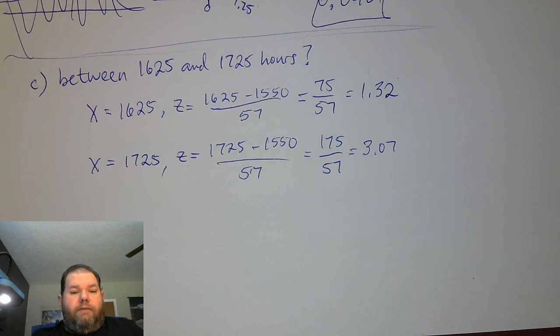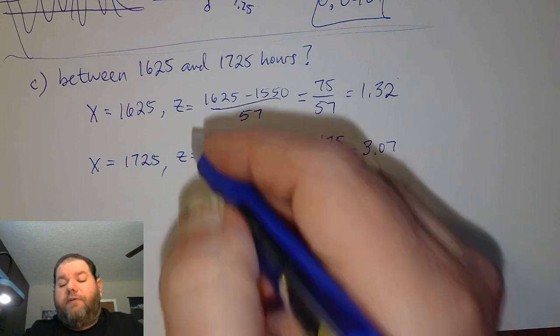So whenever they give us two data values, we have to calculate a z-score for each of those. Especially, and this is really only in the case where we find the area between, so especially if we're finding the area between two values, we know that we have to convert both of those to different z-scores, as we've done here.